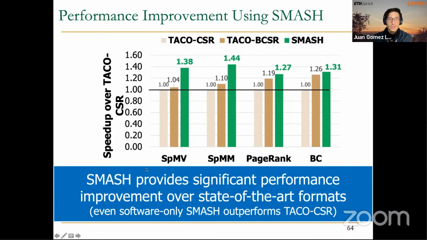And you can find in the paper that even the software-only SMASH, without adding any extra hardware and by accessing the bitmap hierarchy in the CPU itself, can outperform the CSR representation by around 10% for some of these benchmarks that we use.